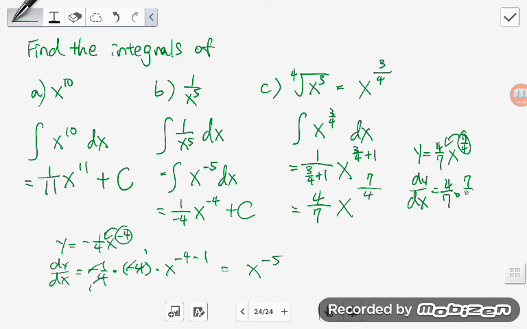I drop the power by 1, so I have 7 over 4 minus 4 over 4. This can be cancelled out, and I get x to the power of 3 over 4, which is what I have here. So my answer is almost perfect. Don't forget the plus c. All right, don't forget the plus c.